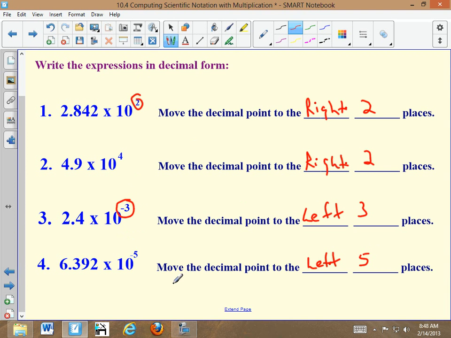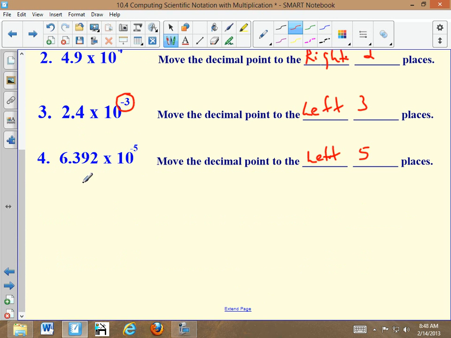This is what it would look like. I'm going to move this right here to the right 2 places. 1, 2. So that means my decimal form is 284.2. When I move it out of scientific notation, I drop off the times 10 to the something power.